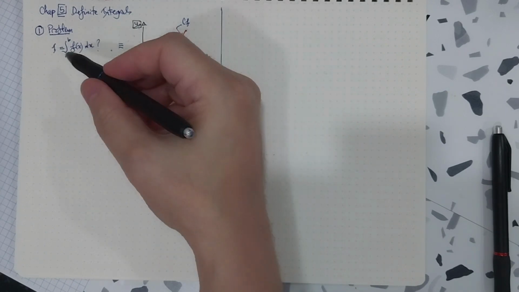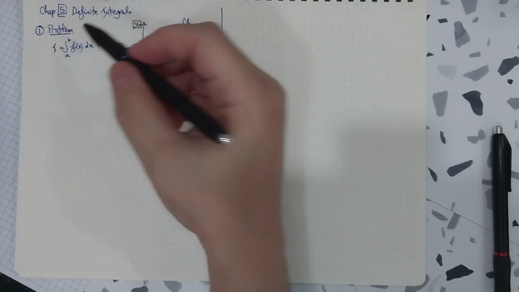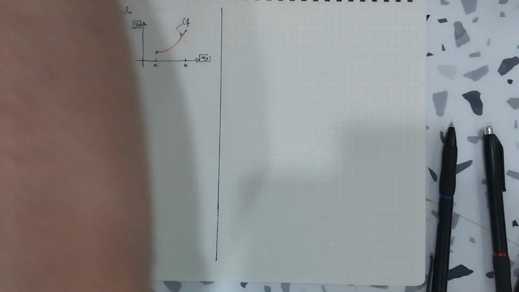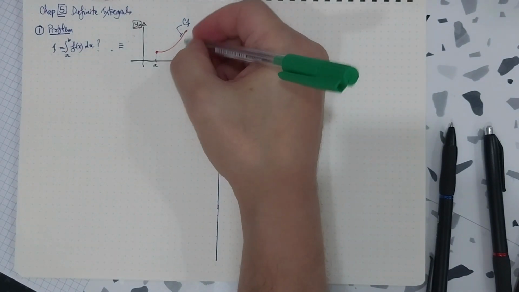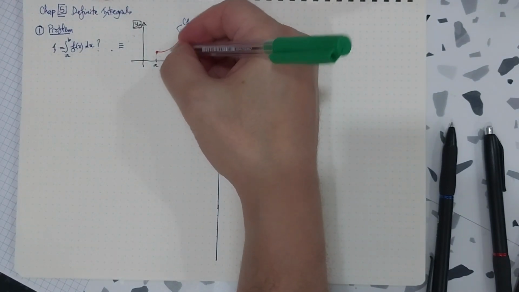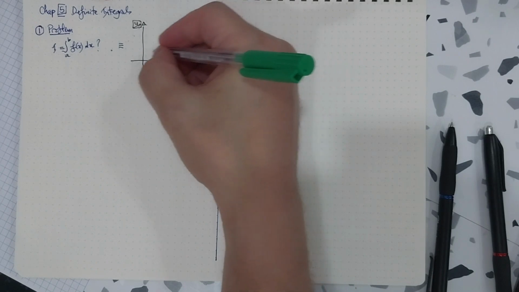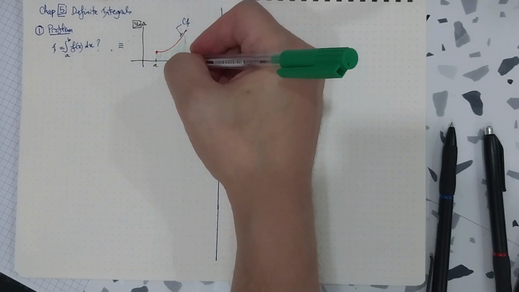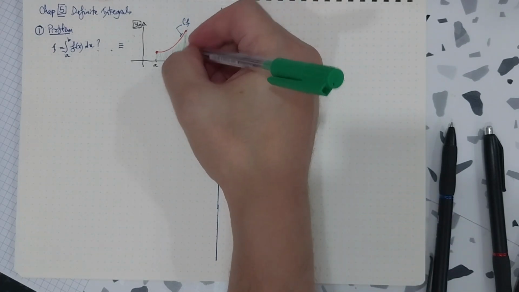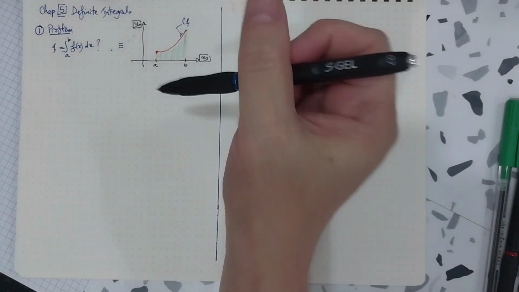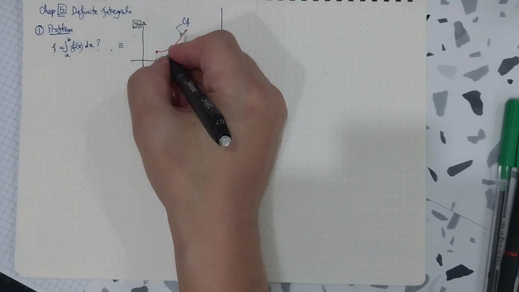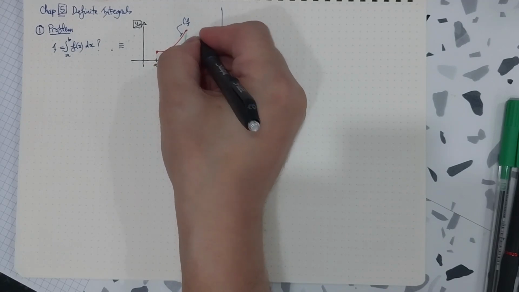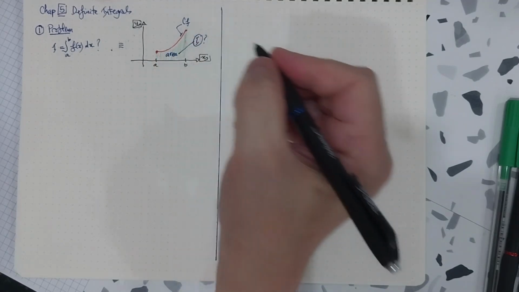The integral of f between a and b is actually this area between the curve and the x-axis, bounded by a and b. This is I, the area. The area is actually the integral I that we are looking for.